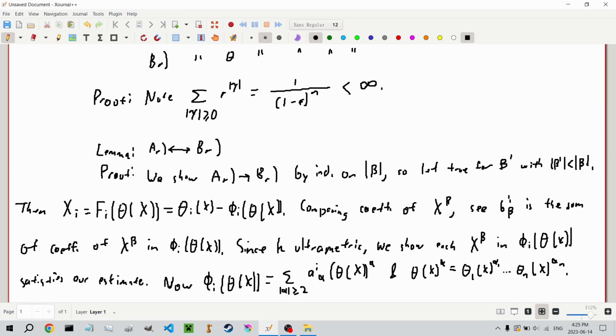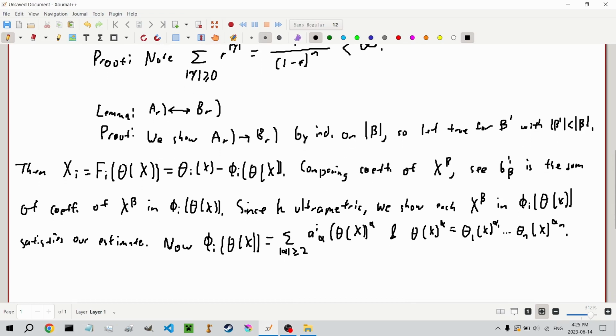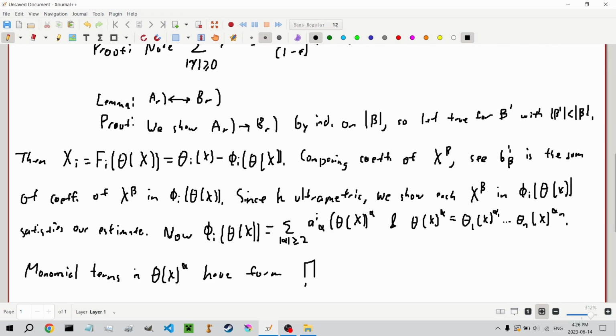So, a typical monomial term in theta of x to the alpha has the form product from i being 1 to n, the product from j being 1 to alpha_i, of our b to the i sub phi sub i comma j times x to the gamma sub i comma j.